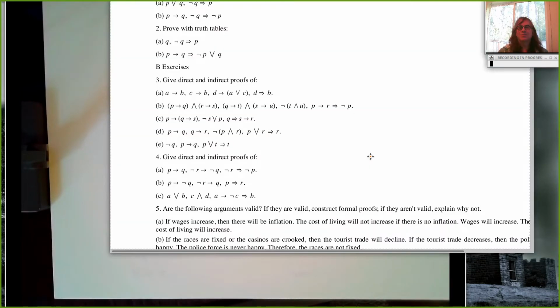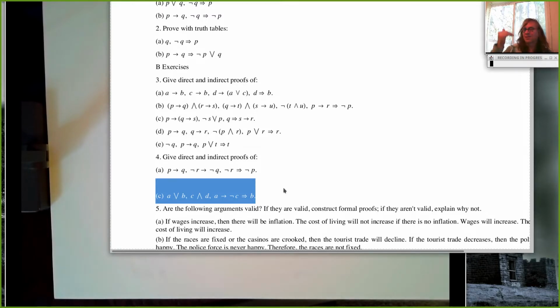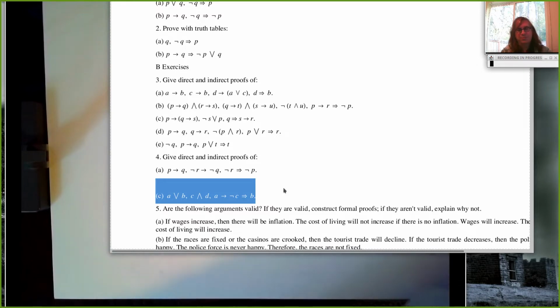So you can do that, but everything. So let me pull this up on the screen so we know what we're talking about. Looking at 4C here, you could suppose B is true, but everything that comes after that is contingent on B's being true.